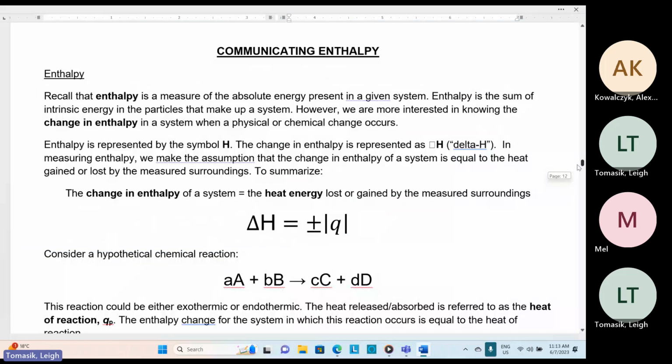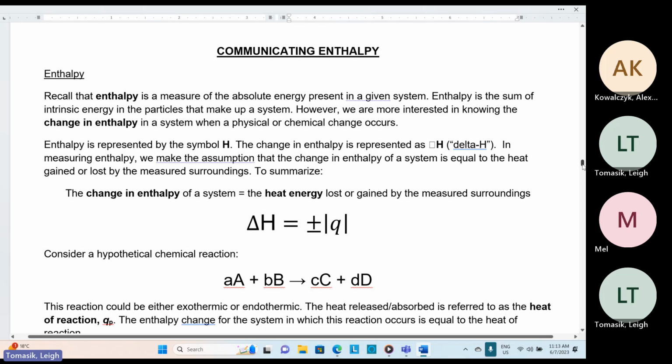So I've just gone into the Word document, and now that we know how to calculate enthalpy, we're going to talk about different ways that we can represent enthalpy in our communications.